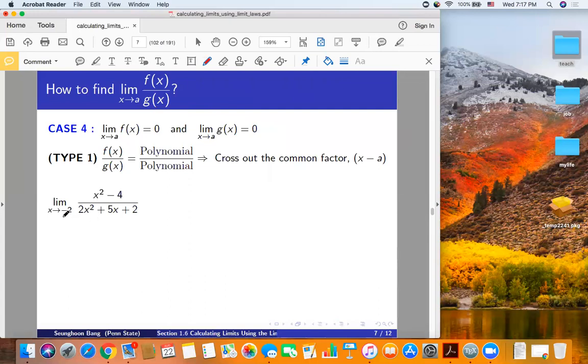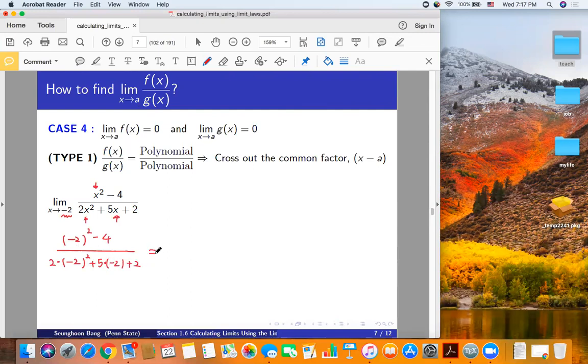First, you can check. You plug negative 2 into x. So we have (negative 2 squared minus 4) over (2 times negative 2 squared plus 5 times negative 2 plus 2).